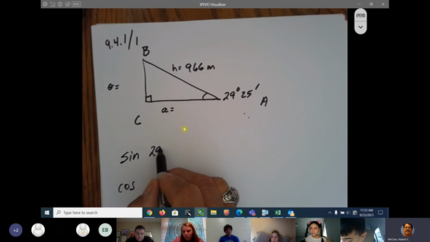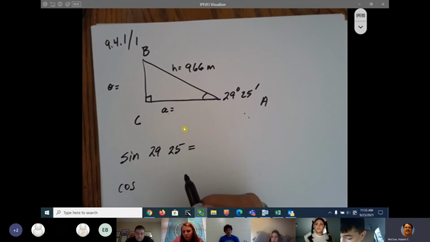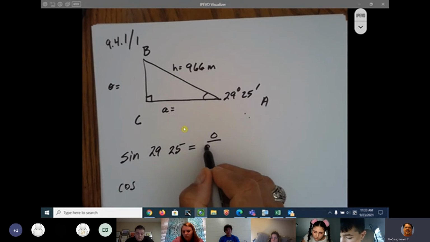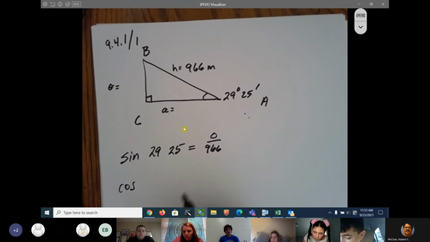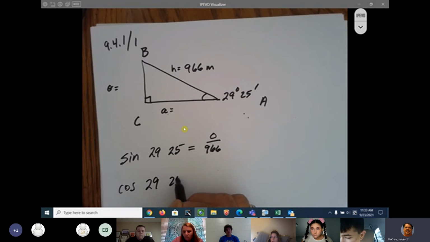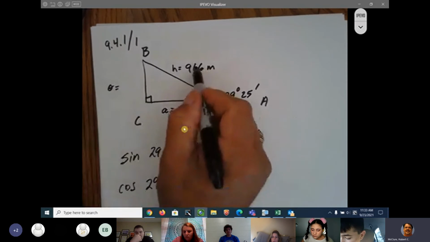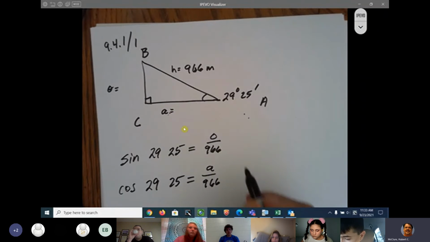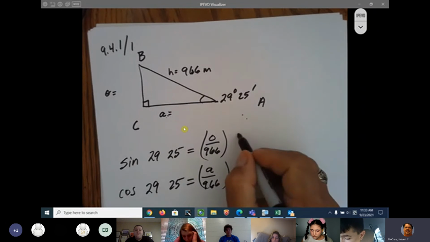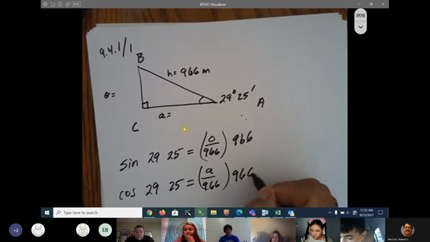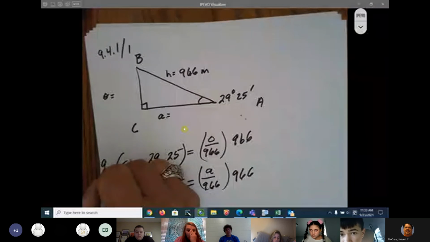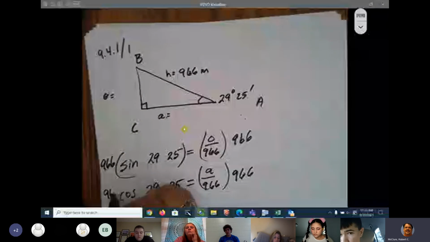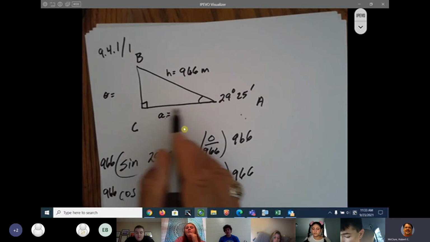Sine of 29.25 is equal to opposite over 966, or cosine of 29.25 equals adjacent over 966. You can find either one by multiplying both sides by 966. That will give you the opposite and the adjacent.